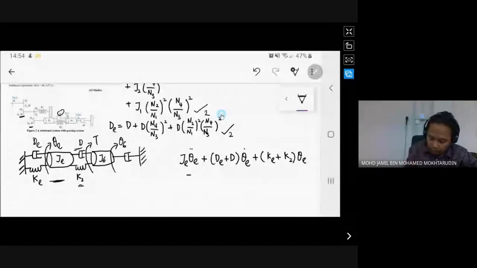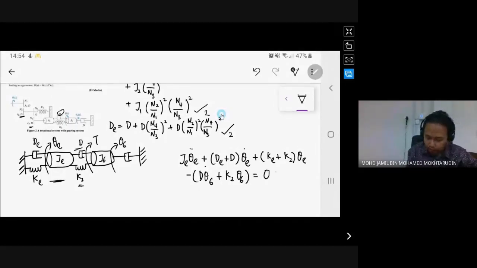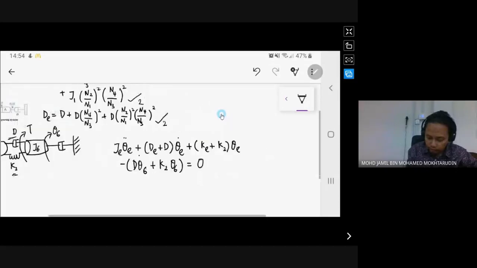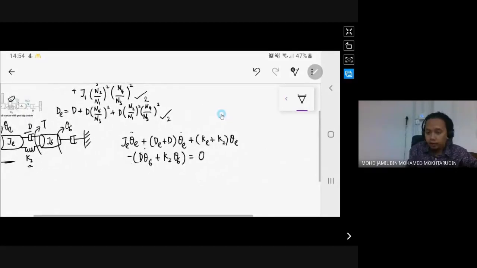So minus D theta 6 dot plus K2 theta 6 equals 0. And then you write in terms of frequency.